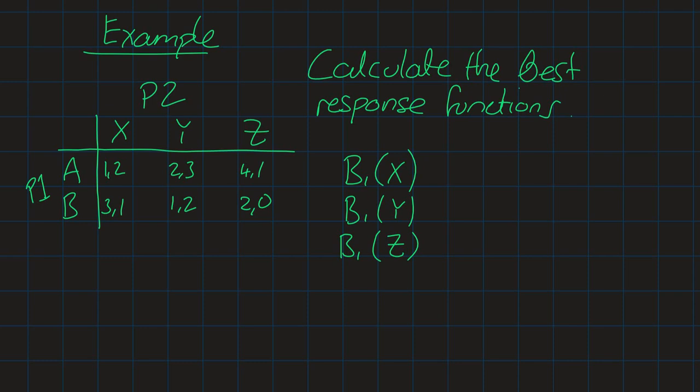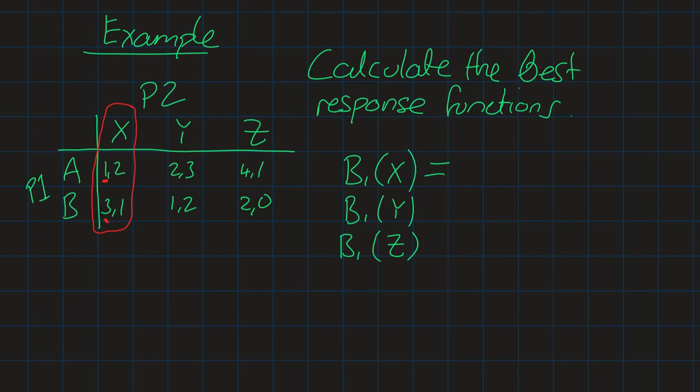Let's start with the best response for player 1 if player 2 chooses X. So if player 2 chooses X, that means we restrict to this column right here. Player 2 choosing X means that if player 1 chooses A, they will win 1 point. And if player 1 chooses B, they will win 3 points.